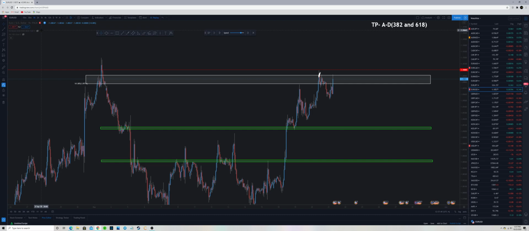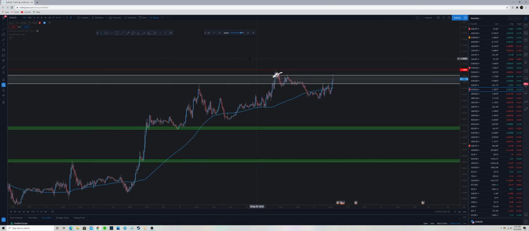Well, a lot of institutional traders like to trade off the breach of the 100-day SMA. Not EMA, the SMA. So, pull it up right here. This is the 100-day SMA on the 1 hour time frame. But we're going to break it down to the 15-minute time frame.